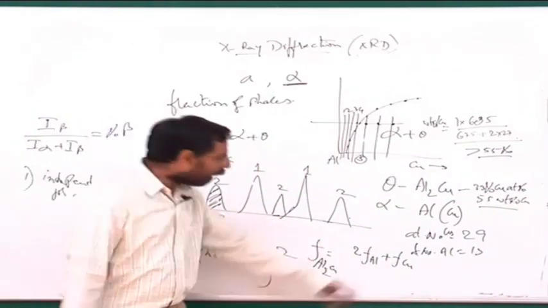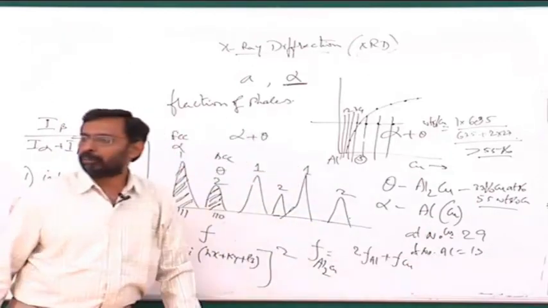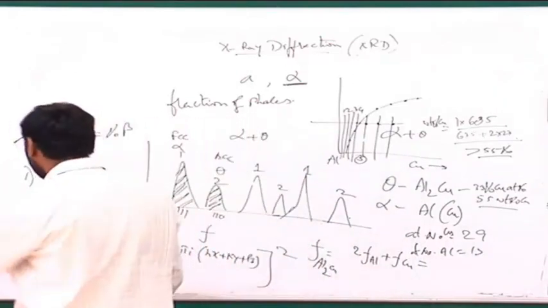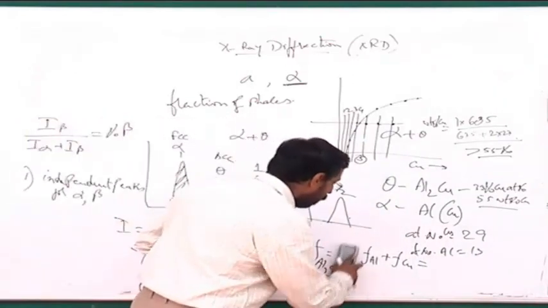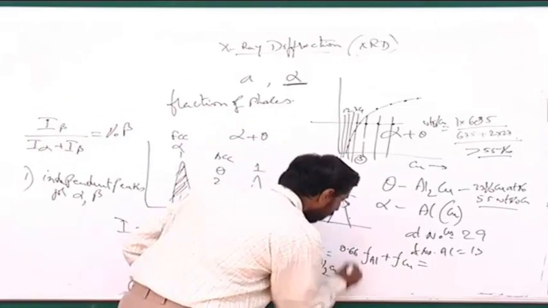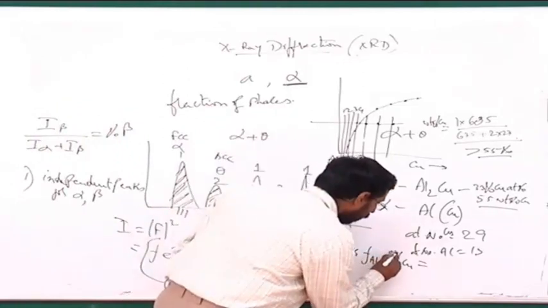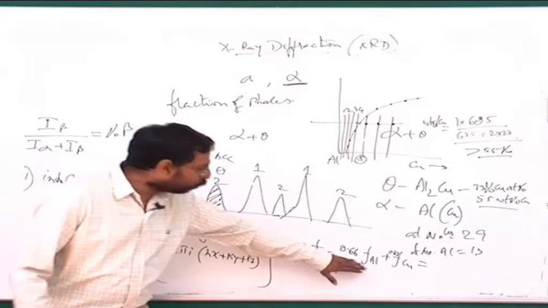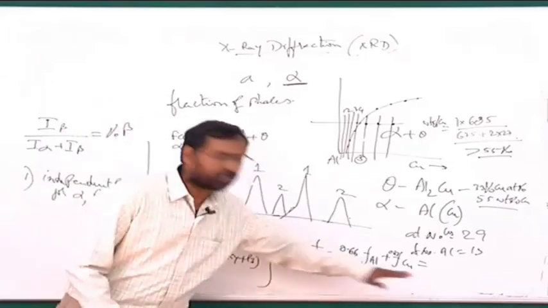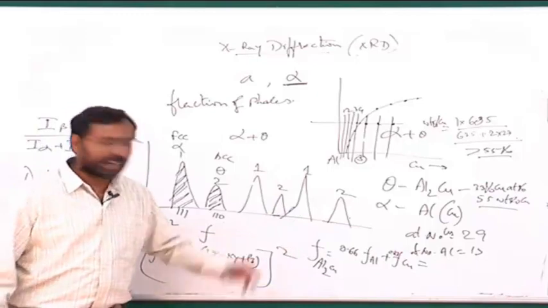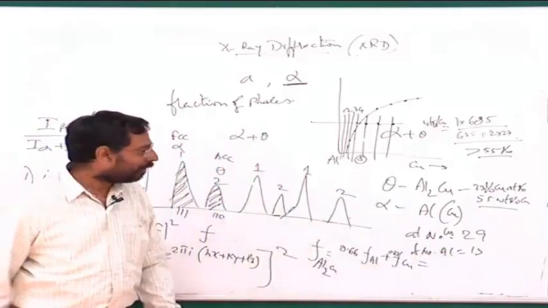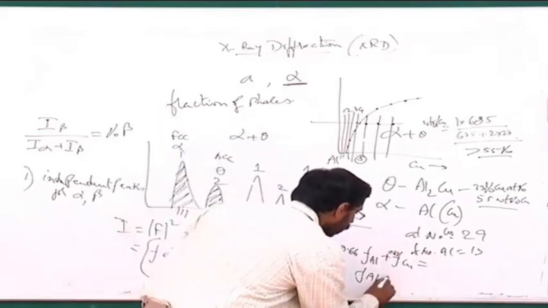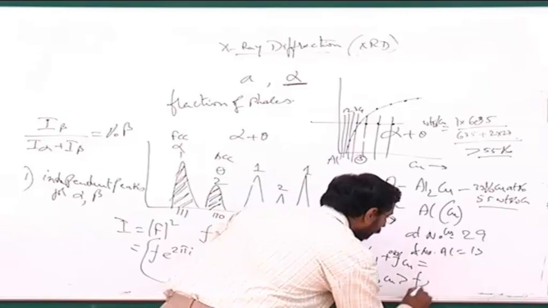And because F is almost equivalent to Z, rather than 2, I should have said 0.66 into this, plus 0.33 into this, because that is the fraction inside the Al2Cu. 2/3 is aluminum, 1/3 is copper. So the overall F here is going to be higher. F of Al2Cu will be higher than F of alpha, right?